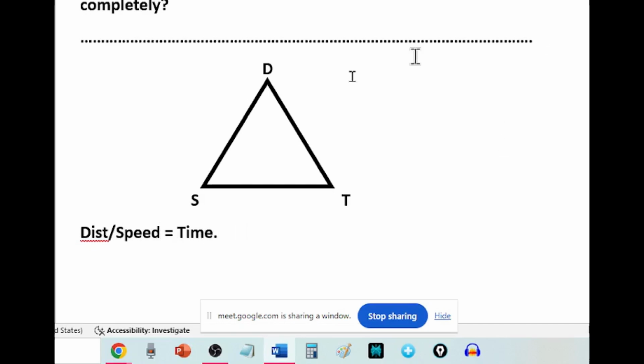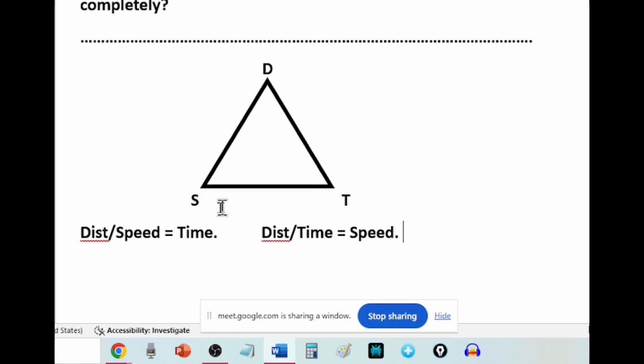Similarly, distance and time, one top, one bottom, also division. Distance by time equals the third thing, speed.